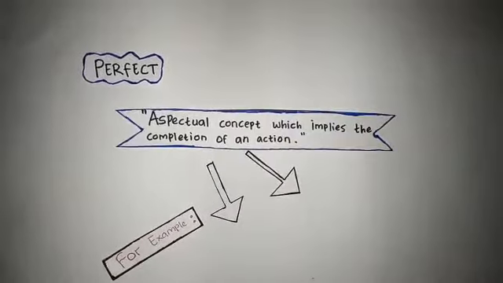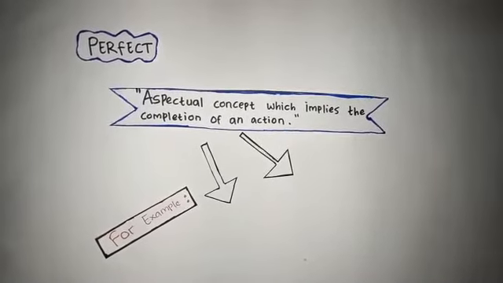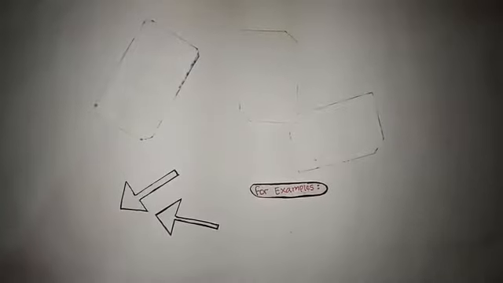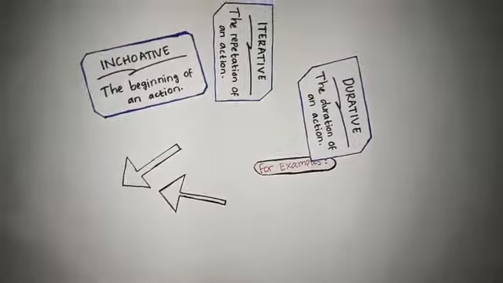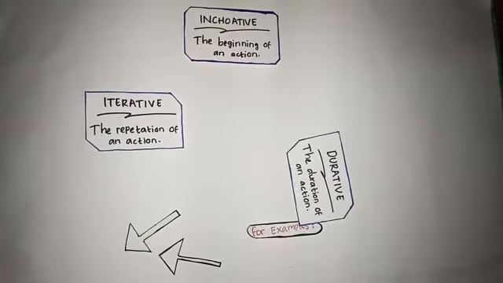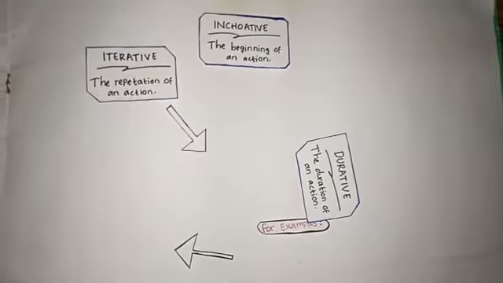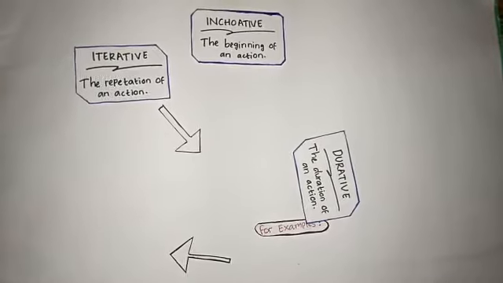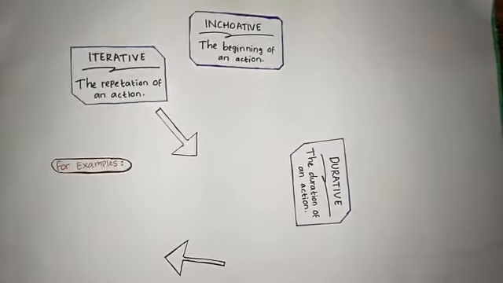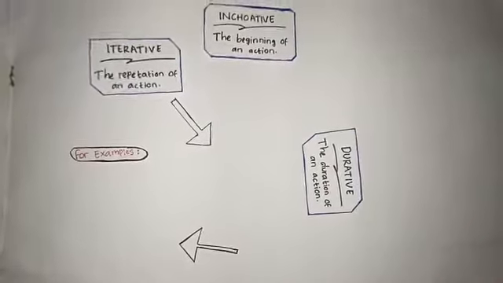And next, features of aspects. There is perfect, an aspectual concept which implies the completion of an action. And then next aspect, there are 3 points. First, iterative, the repetition of an action, more for present tense, describing a habitual action.